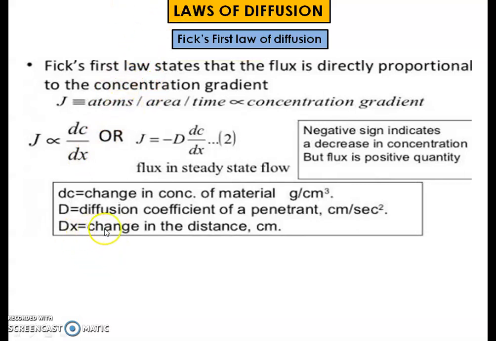Because the distance increases, the flux will decrease. So by this equation we can say J is equal to minus D dc by dx. Here D is added, which is the diffusion coefficient, which depends upon the nature of the particular penetrant or solute. You can say it depends on the quality or nature of the solute.